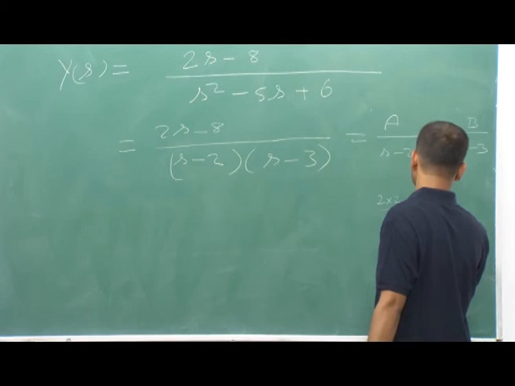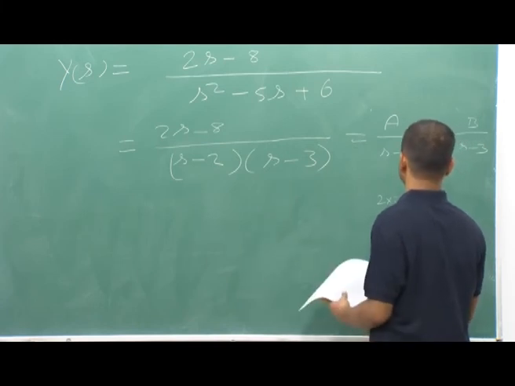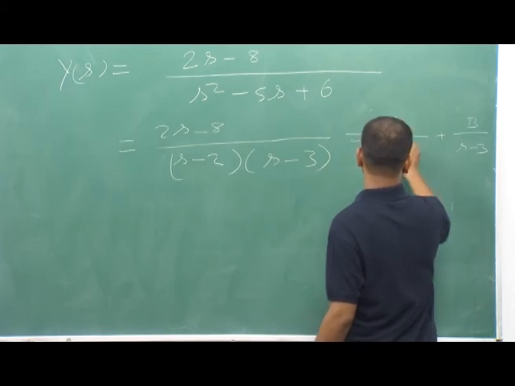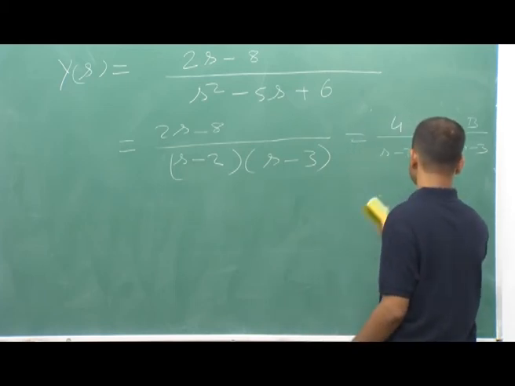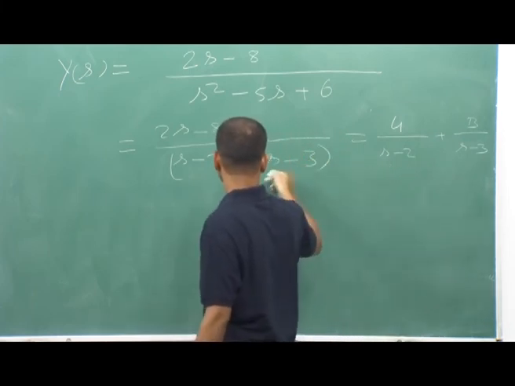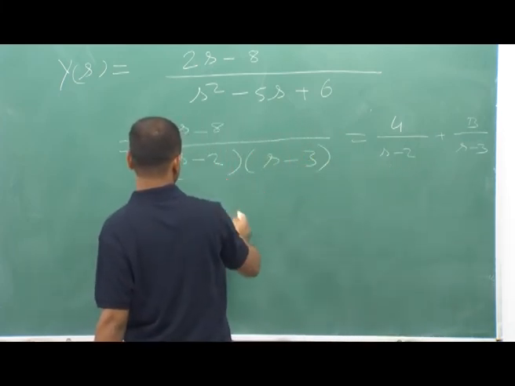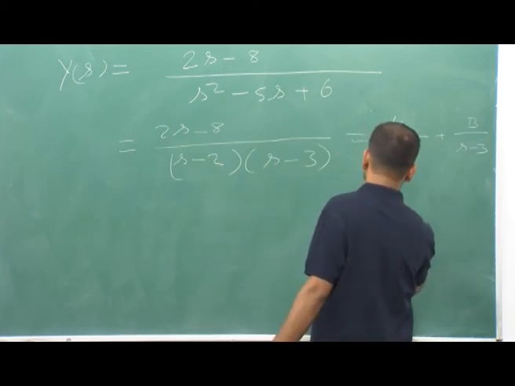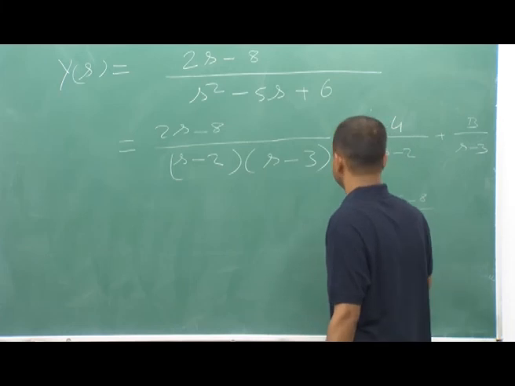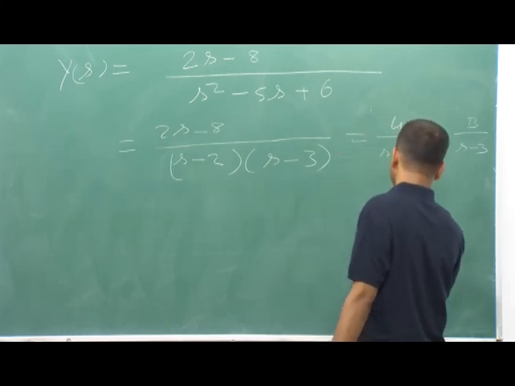So, this will be 4. So, I can write 4 by s minus 2, and now for B, I put s equal to 3 and eliminate this term, then I will get 2 into 3 minus 8 divided by 3 minus 2.